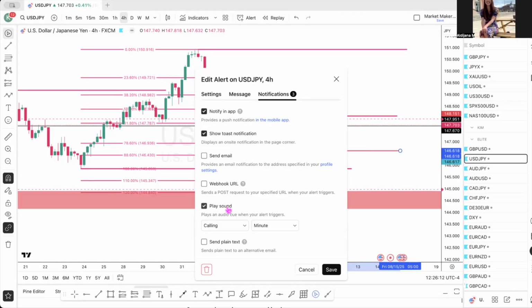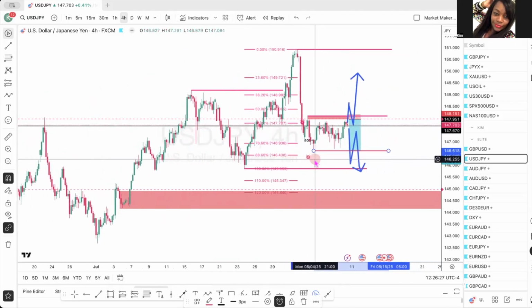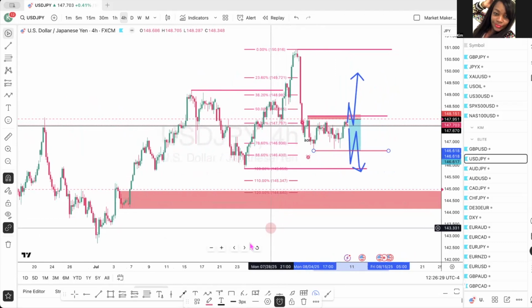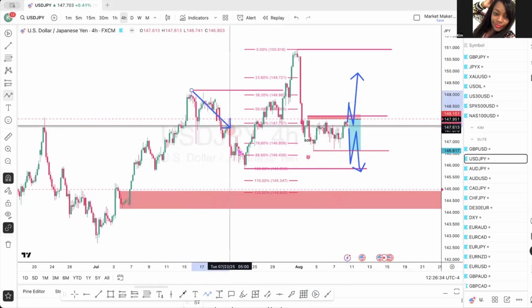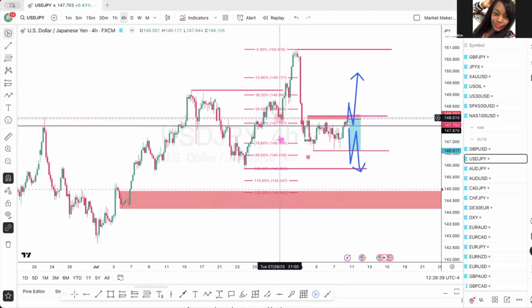Okay. So as soon as I get an alert, I can hop on this chart to see what I see. Look for either a supply zone if it breaks below. Now, based on structure, from here to here to here, it is definitely in the discounted area.